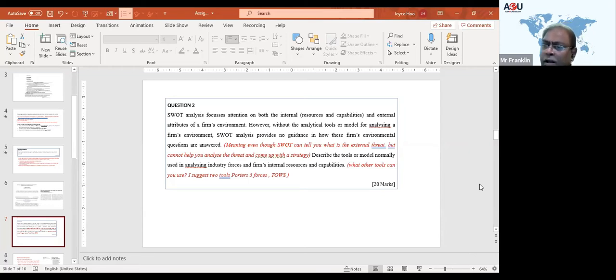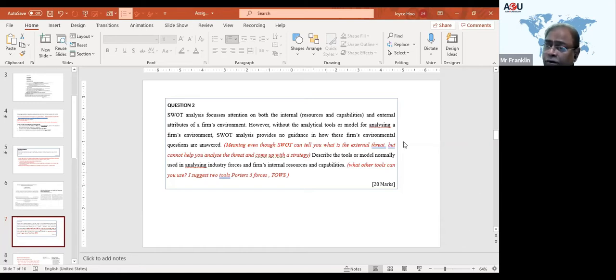That means, even though SWOT can tell you what the external threat is, it cannot help you analyze the threat and come up with a strategy. You agree, right? SWOT can only tell you what is a threat, what is a strength, but what to do, how to overcome, how to mitigate the risk or the threat, you don't know. So it's not enough.